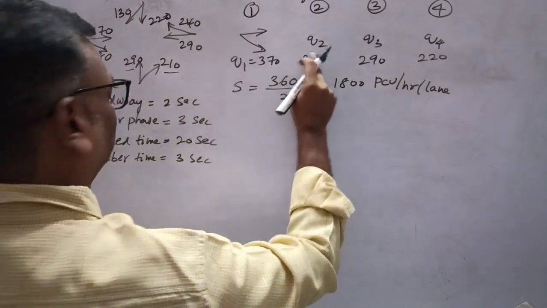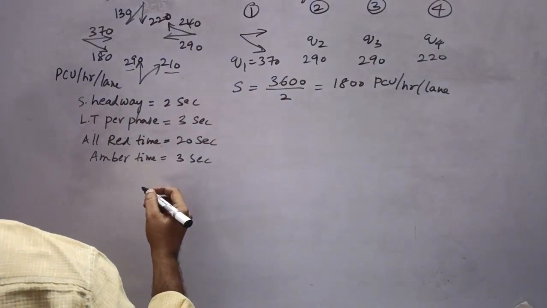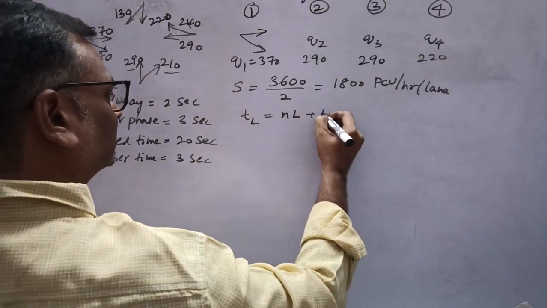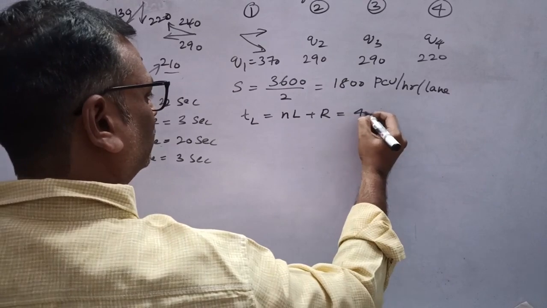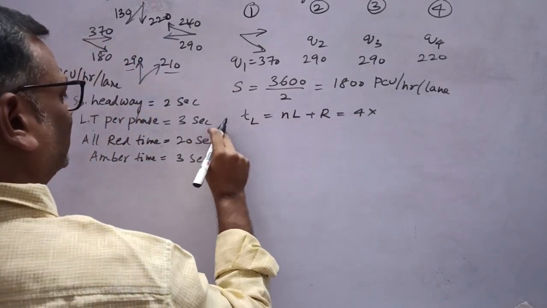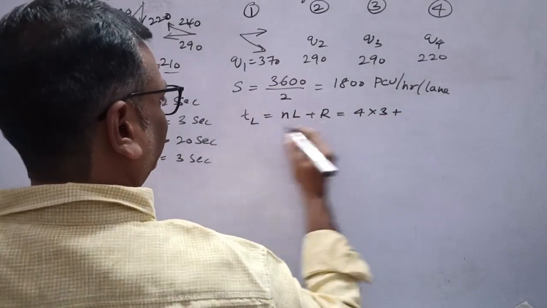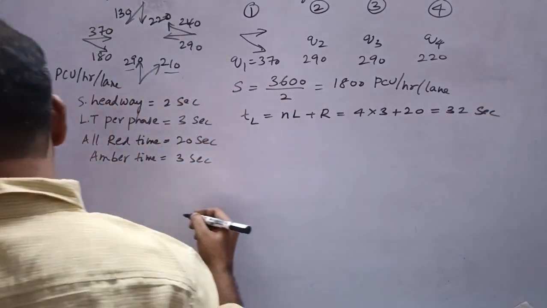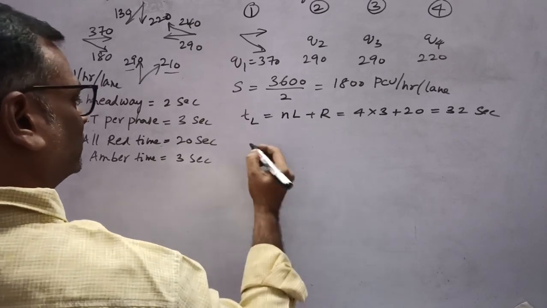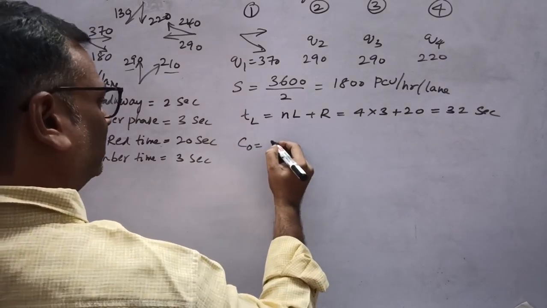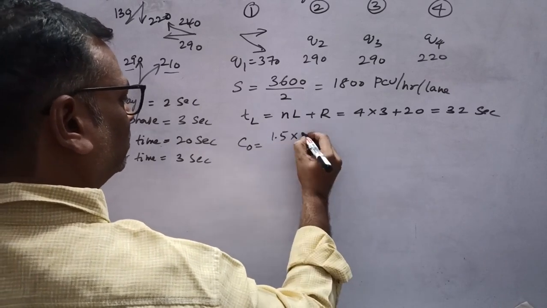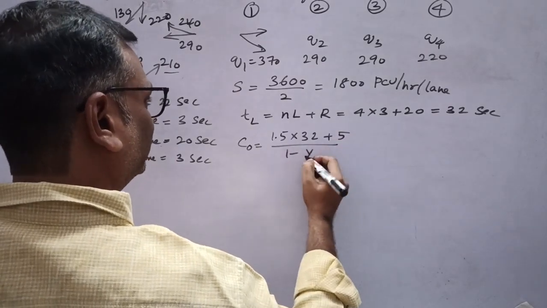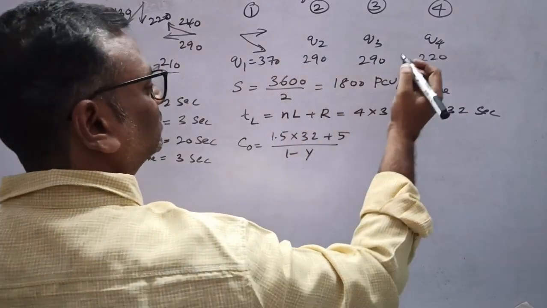Now calculating lost time, that is NL plus R. Number of phases is 4, lost time per phase is 3, plus all red time is 20, which comes to 32 seconds. Similarly, C naught, you know the formula, 1.5 into total lost time plus 5 divided by 1 minus Y, and Y you calculate here.